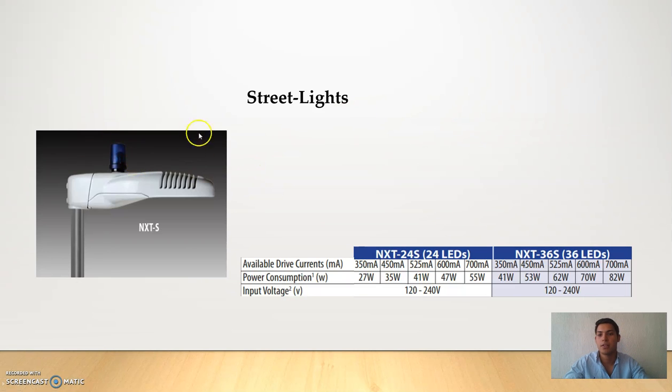Also, each streetlight has a blue device above it. It's a photocell. The photocell allows the streetlights to operate independently of the others, according to the light in the environment. It means the photocell measures if there is sunlight or not. If there is light, the streetlight will be turned off.